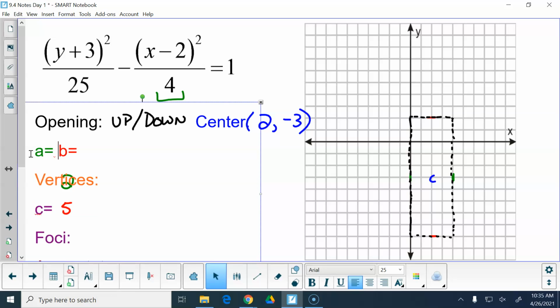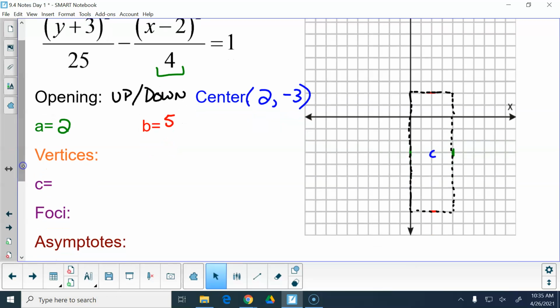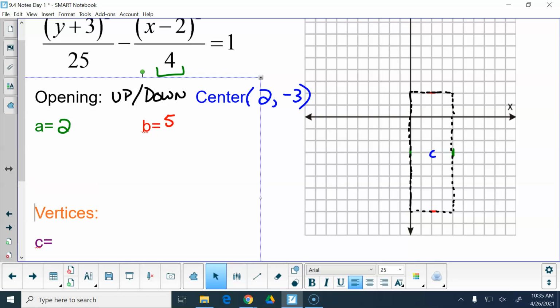Next. For the asymptotes. Okay. And then find them, right?